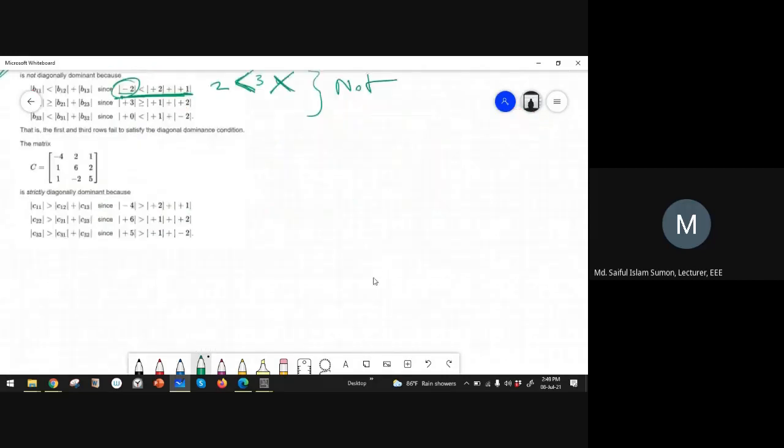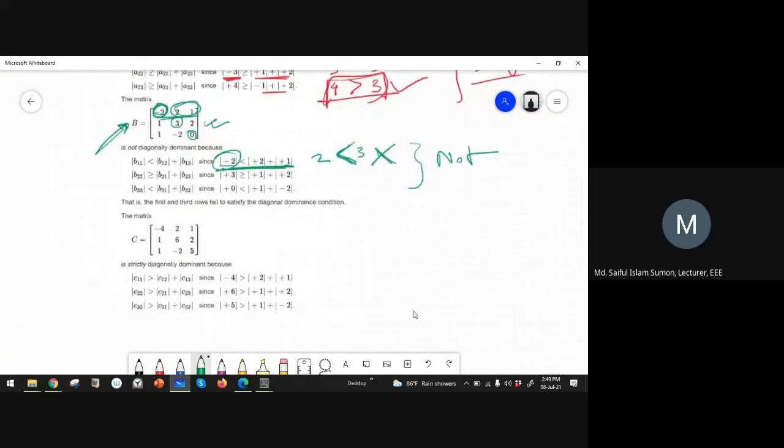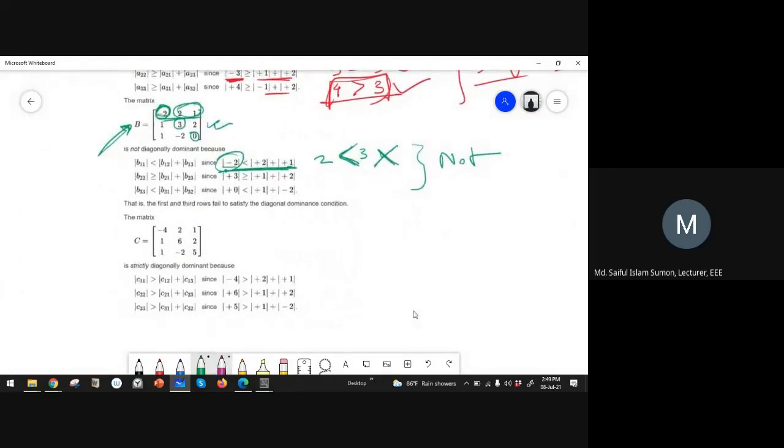Now for the third case, first row, this is the diagonal element 4, and the sum of the other 2 is 3. That means it is being fulfilled. For the second row, the diagonal element is 6. The sum of the other 2 is how much? Are you with me?